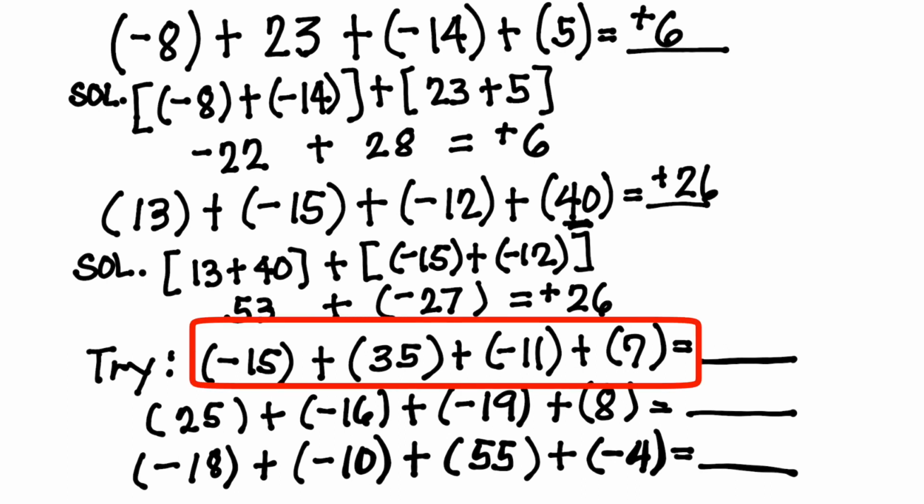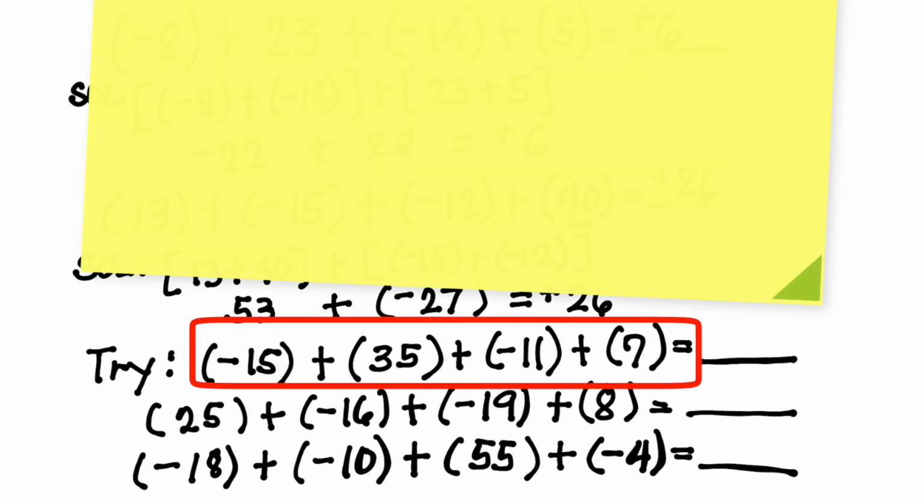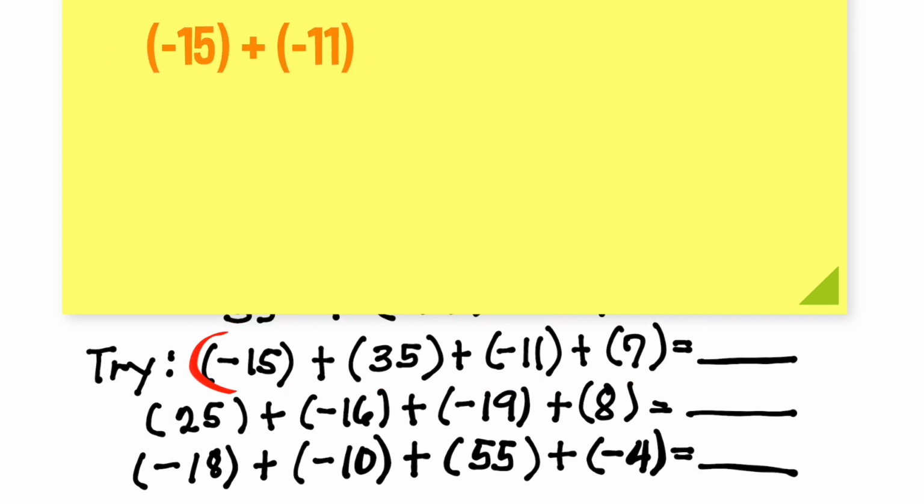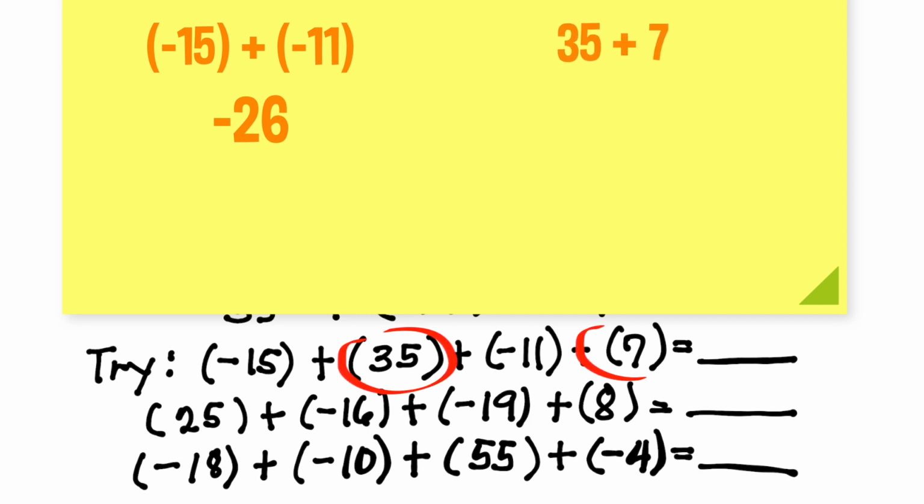So, pagsamahin yung pareho ang sign. So, mayroon tayong negative 15, at saka negative 11. Pagsamahin siya, we will have negative 26, right? And then, pagsamahin naman yung 35 at saka yung 7. So, mayroon tayo ditong 42. So, we have positive 42 and negative 26.